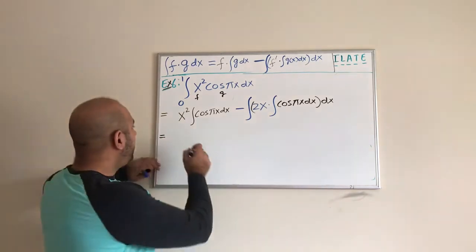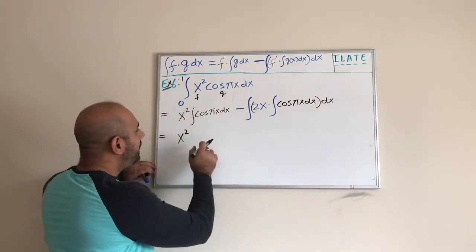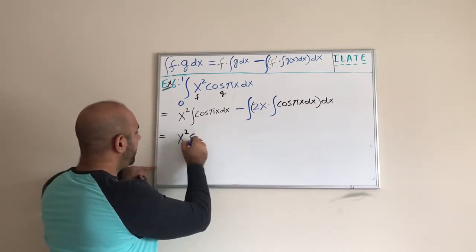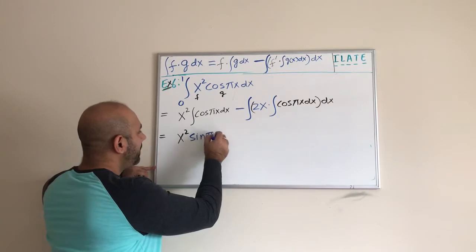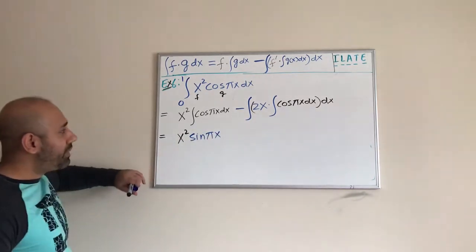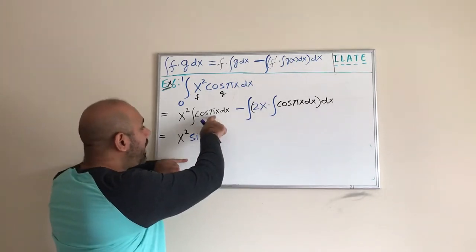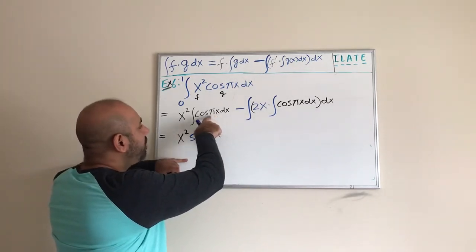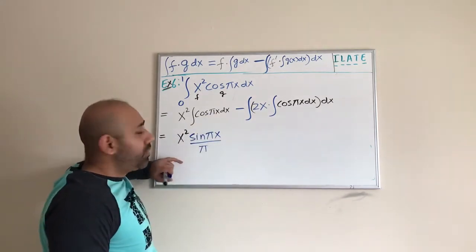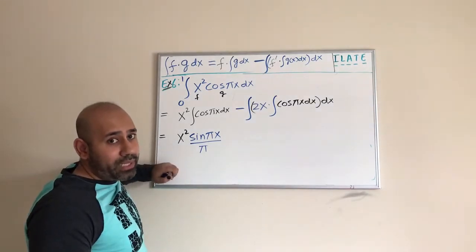Here I have x squared, and then for the cosine, the integral of cosine is sine, right? So it is going to be sine pi x, but we still have to do one more thing. You have to divide by the derivative of the inner, which in this case is pi, or you can also think of that as the coefficient of x. So you divide by pi. We know with the derivative of cosine of pi x, you would multiply by pi.